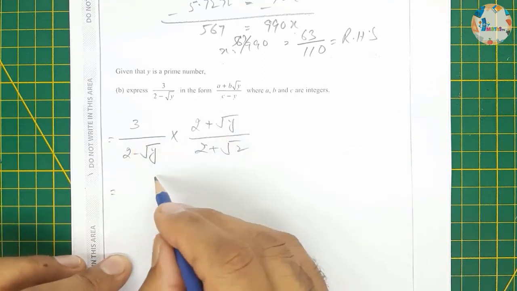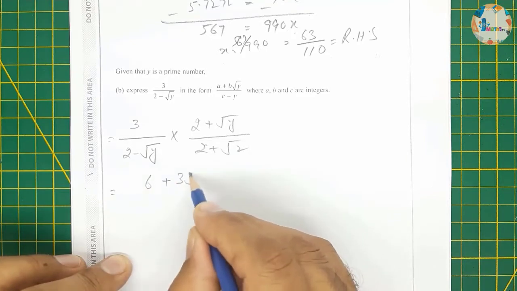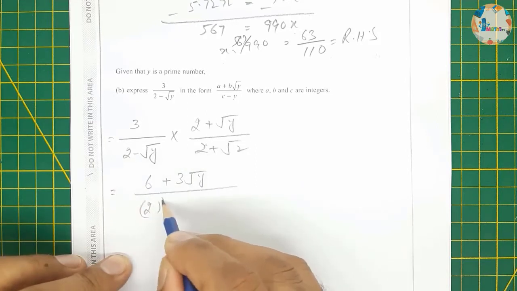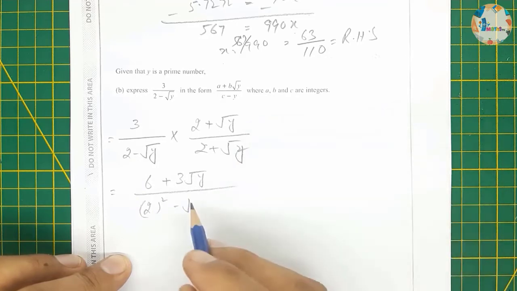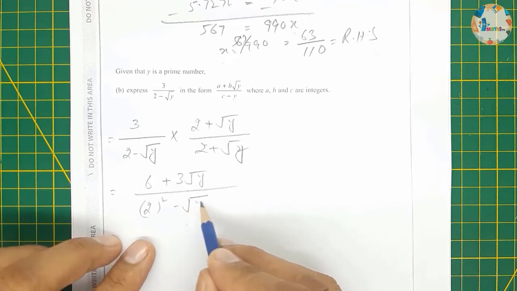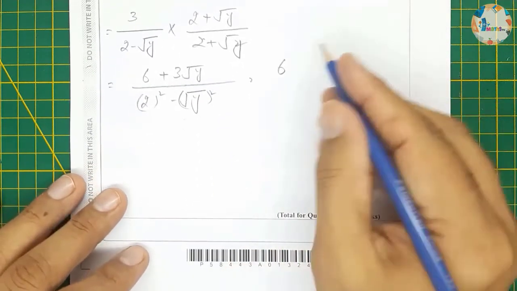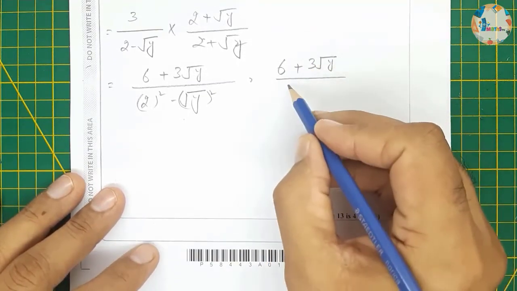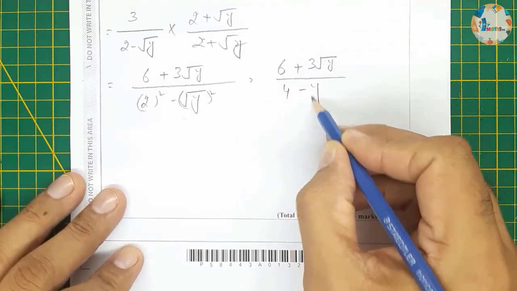It will be 6 plus 3 under root y over, this one is a square minus b square, this will be y, so we can write 6 plus 3 under root y over 4 minus y.